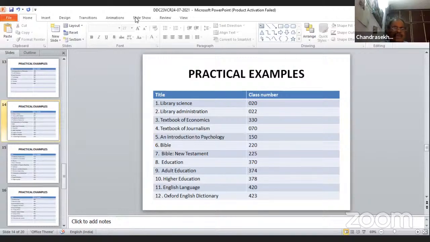Like that, 450, 460, 470, 480, 490. 490 is other languages. They have given only the 7 or 8 main languages, like German language, French language, English language, Italian, Latin, Greek, etc.